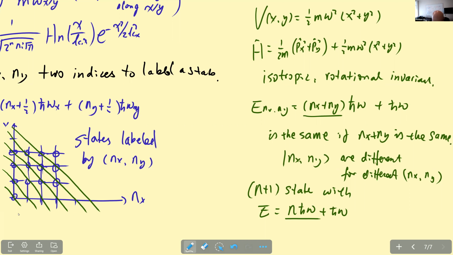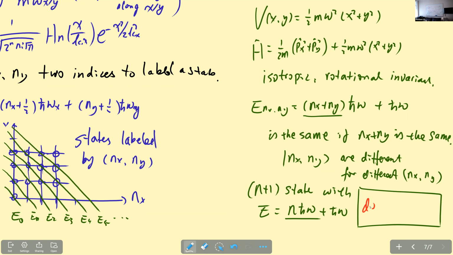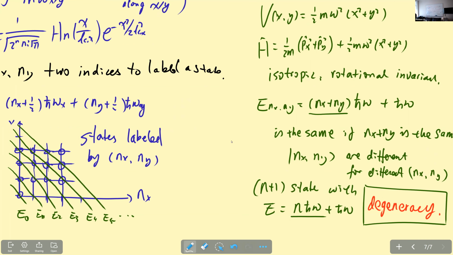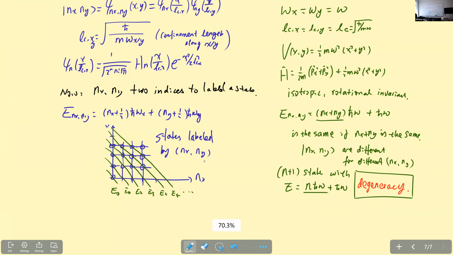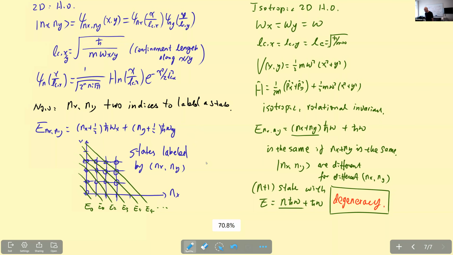So this is say E0, E1, E2, E3, E4, E5, and so on. So there is degeneracy, okay?